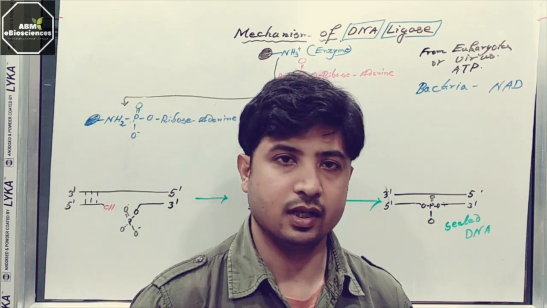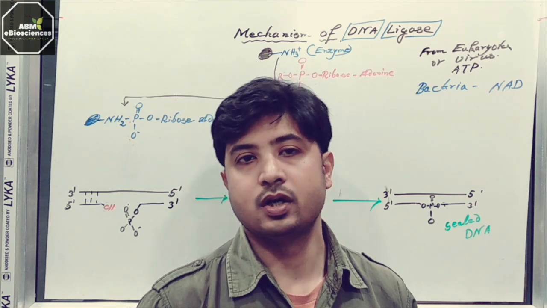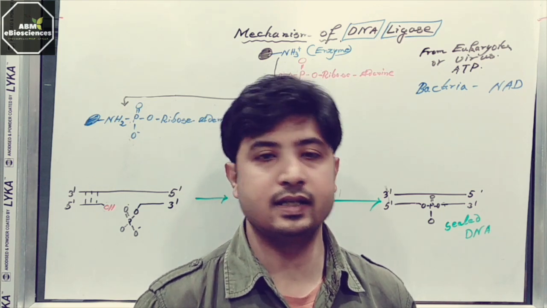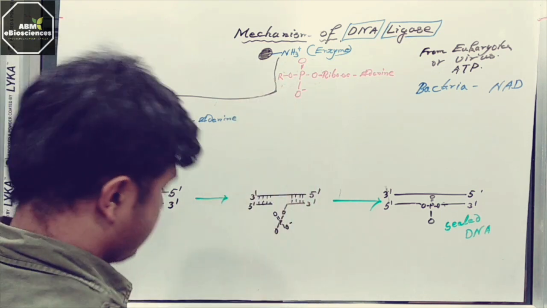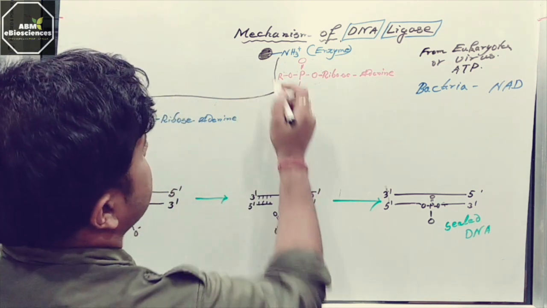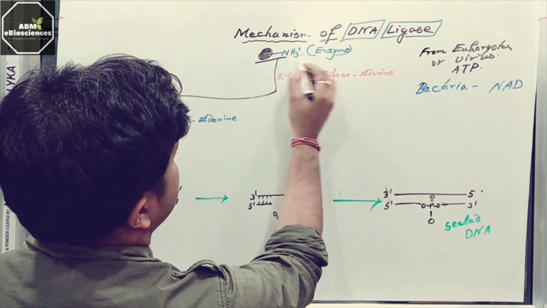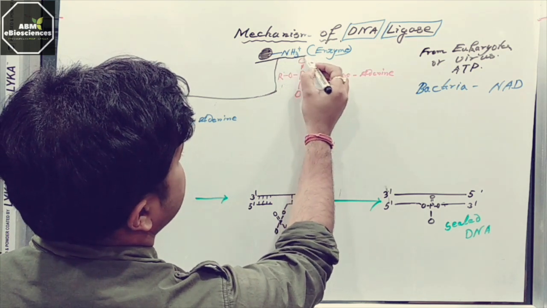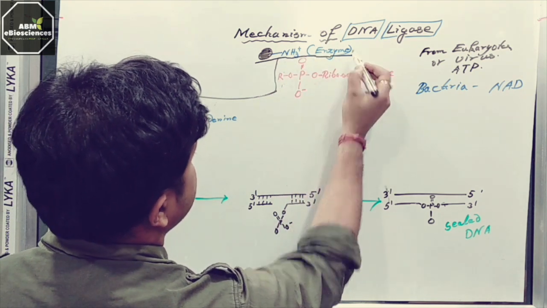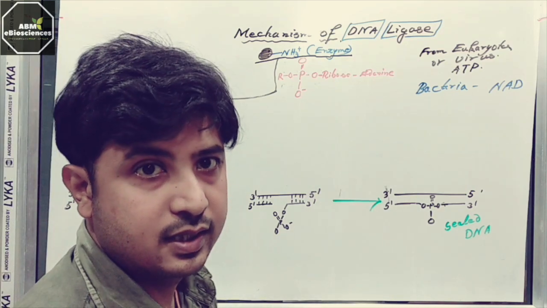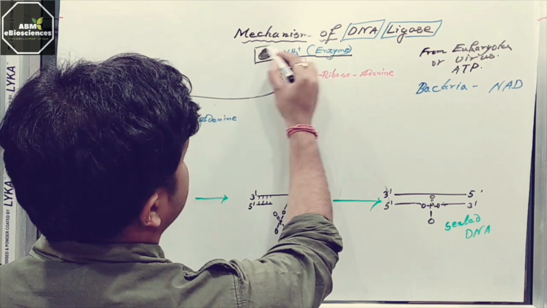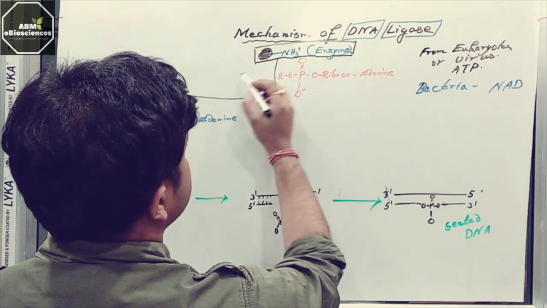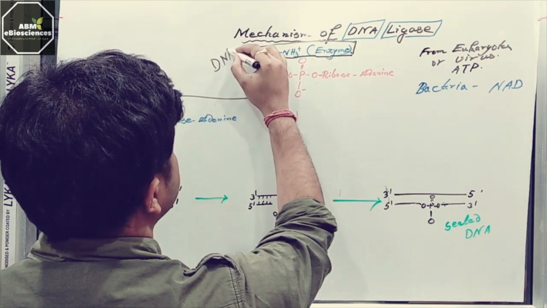Now, how is it happening? What is the actual mechanism of DNA ligation, or sealing the nick? That I'm going to discuss here. First, you see this structure. This is the enzyme structure I have drawn already, to save time. Here this is the enzyme complex, the DNA ligase.